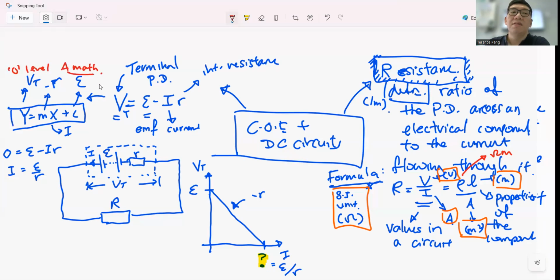Or H1 math. Okay, this covers that again. Linear law is very much used in many of the physics concepts that have graphs. You see graphs, you're likely to be looking at linear law.